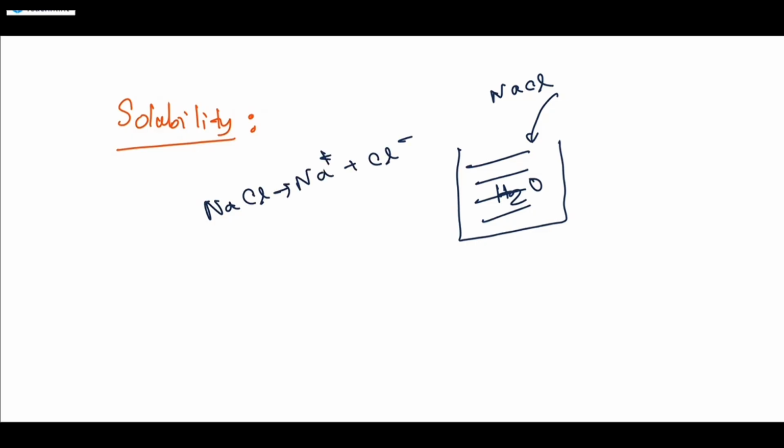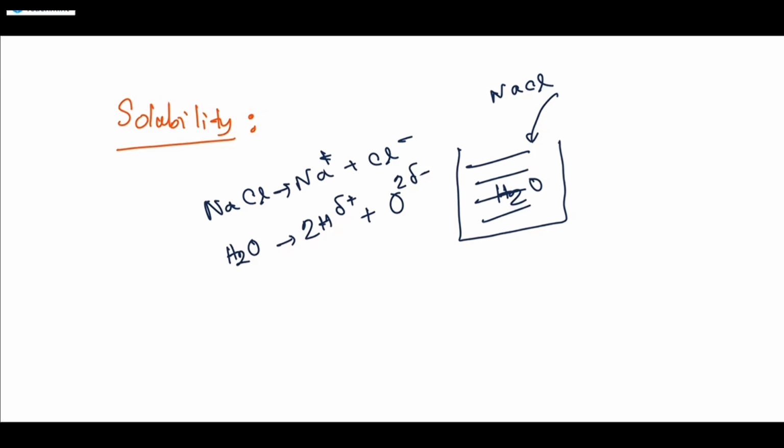And water, though water is a covalent bond, water is a polar compound as well. A polar compound is something which has a slightly positive part and a slightly negative part. Here you can see slightly positive part and slightly negative part.